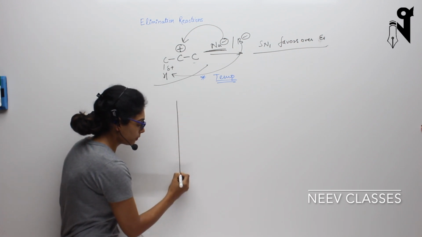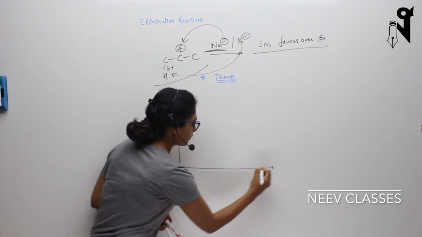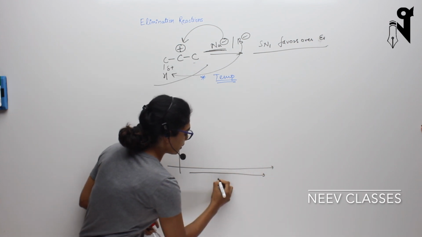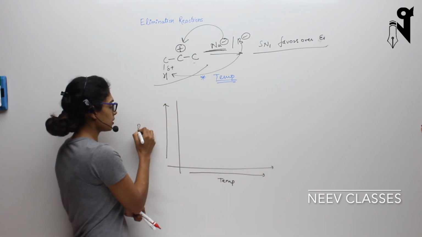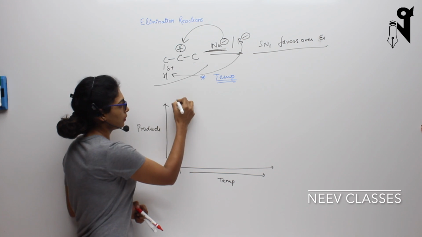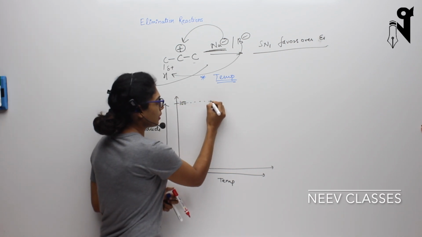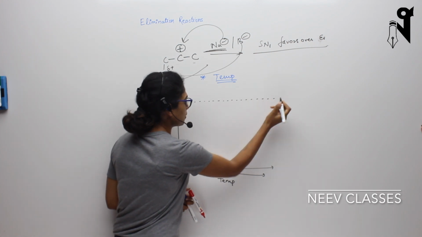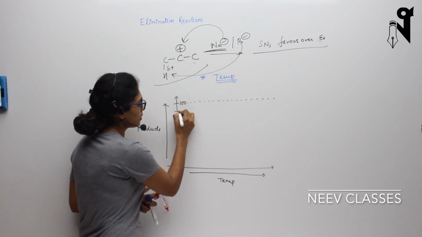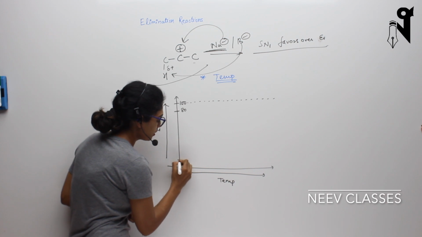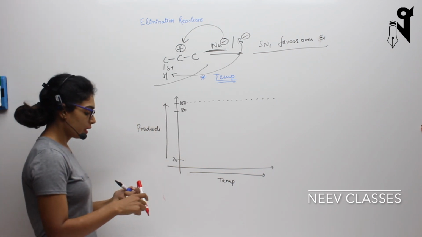So this is my graph. This is temperature, and this is products. This is 100% of product. This is 80%, and this is 20%.